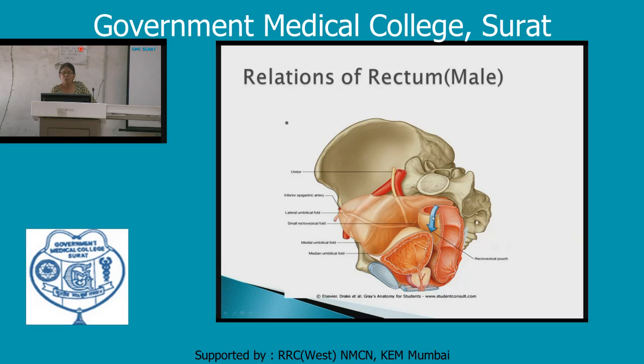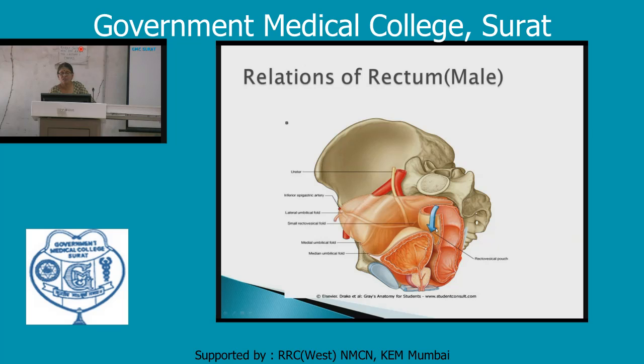So, peritoneal relation. Now, what are the visceral relations? They are different in male and female. Here, in this diagram, we can see the visceral relation in male. Anterior to the rectum in upper 2/3, there is a fold of peritoneum which reflects from the upper part of the rectum to the upper part of the base of bladder, and then to the superior surface of the urinary bladder, and this is known as rectovesical pouch.